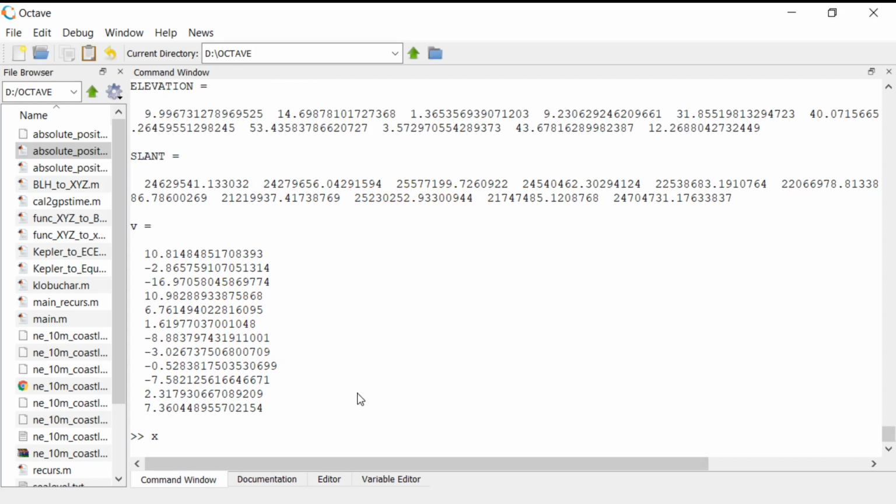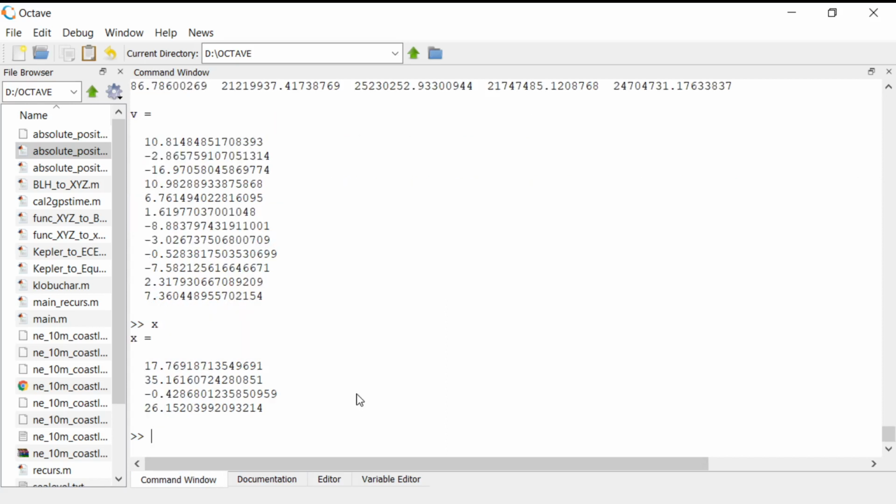So let's now look at X. As you recall, we must iterate several times so that we get the x values, the first three values, close to 0. So we can then understand the number of the iteration.